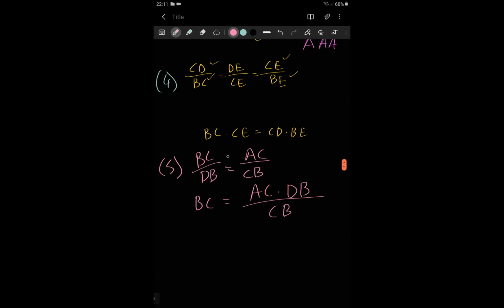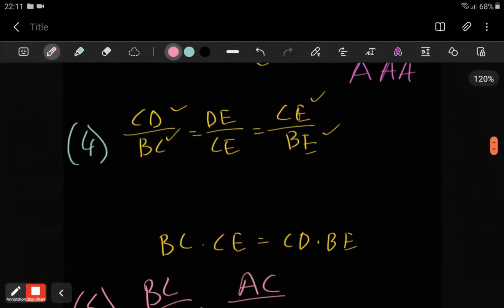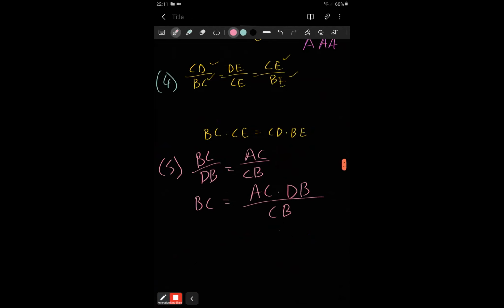So we'll cross multiply. If we cross multiply with what we have here, we'd end up with BC squared. I guess that does not help us in any way. BC squared is equal to AC dot BD.